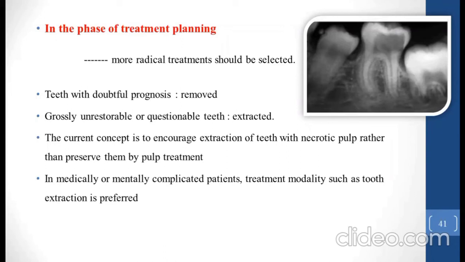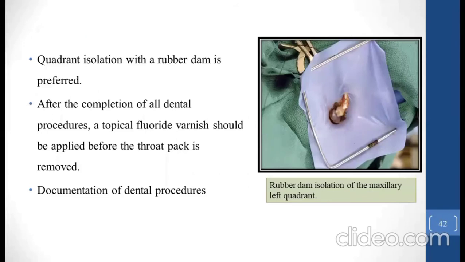The current concept is to encourage the extraction of teeth with necrotic pulp rather than preserve them by pulp treatment. In medically or mentally complicated patients, a treatment modality such as tooth extraction is preferred over other treatment. During the GA, quadrant isolation with the rubber dam is preferred.